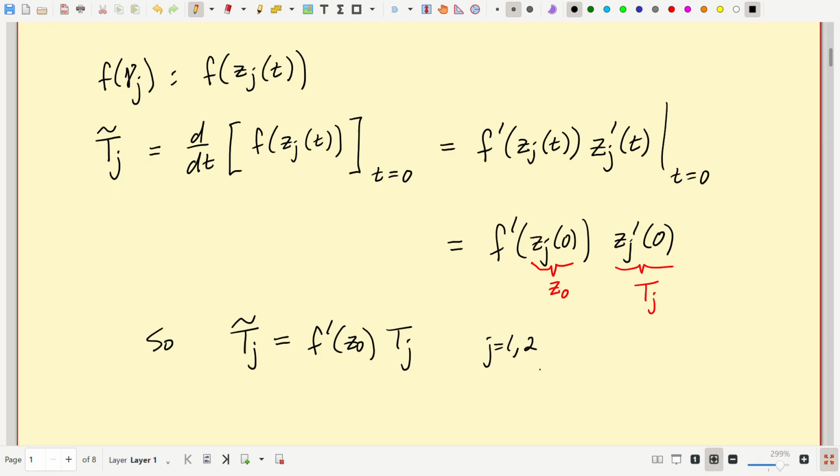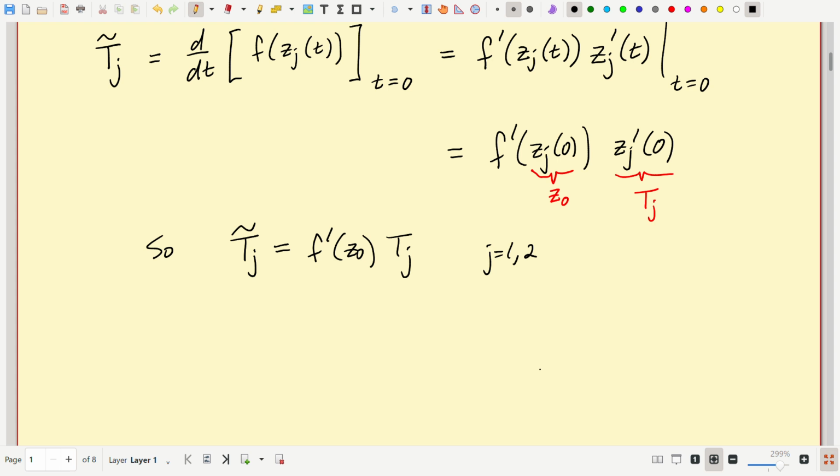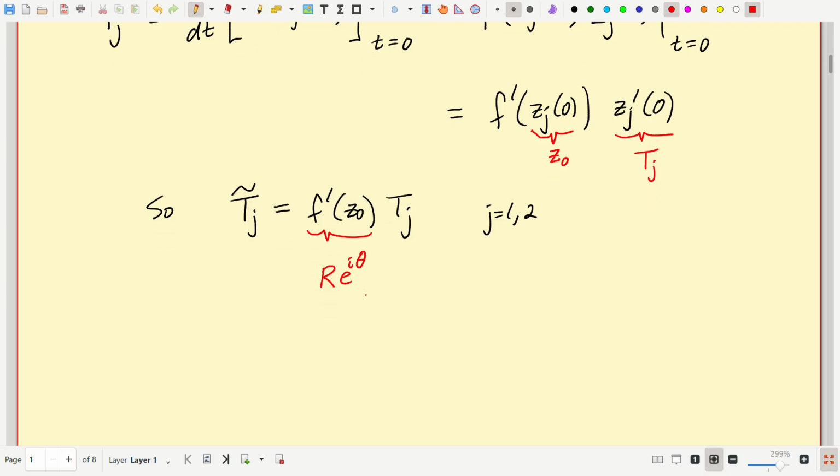And the aha moment is you realize, aha, I'm multiplying by a complex number, and this complex number I can express as positive radius, and I'm assuming the derivative is non-zero, so it would be a positive r times e to the i theta. And so we see that it stretches by r and rotates by theta.